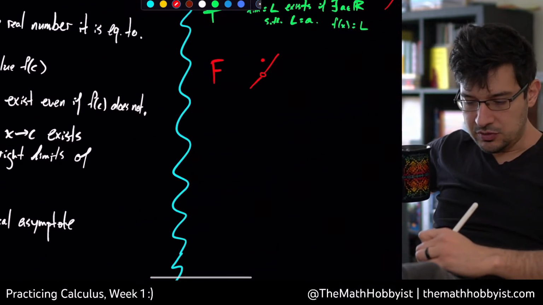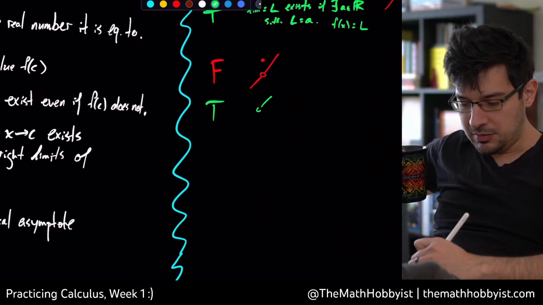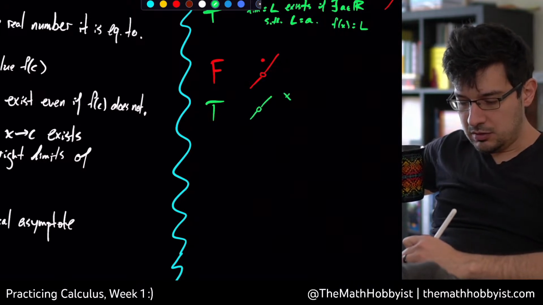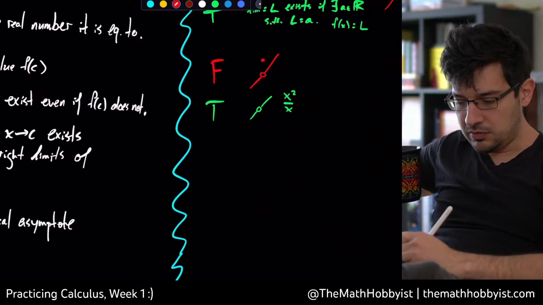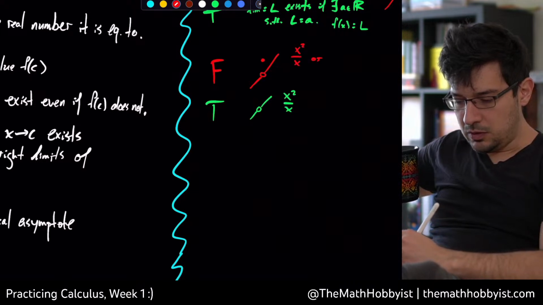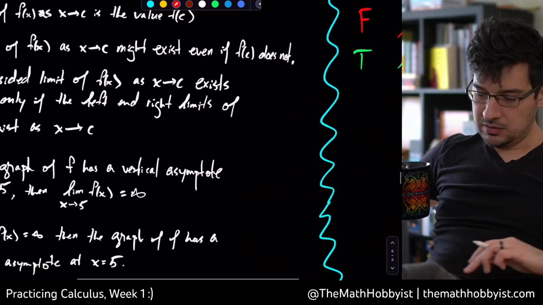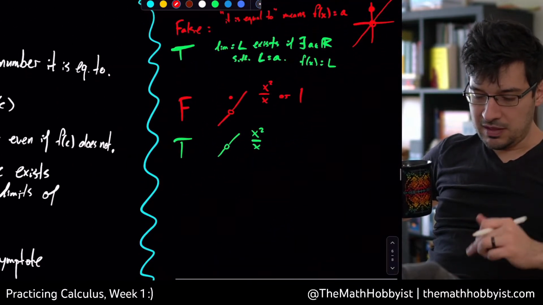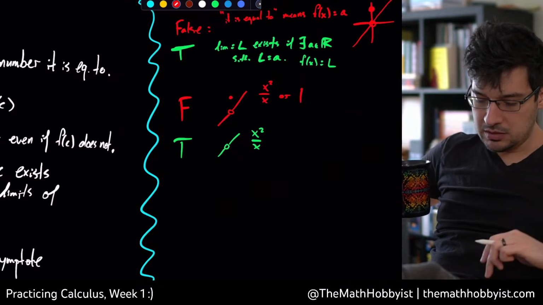Exactly. That is true. It's our trusty, the exact same: this is x squared over x, and this one was x squared over x or 1. Those are different functions. One of them is defined at that point 0. The other one is not.